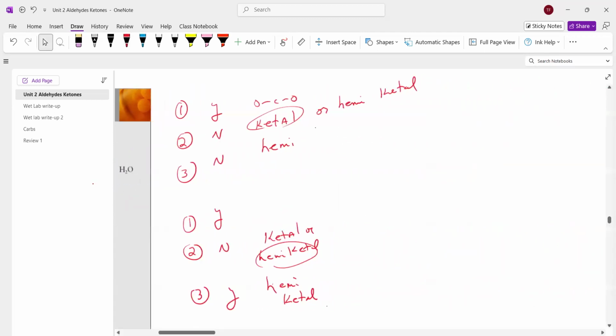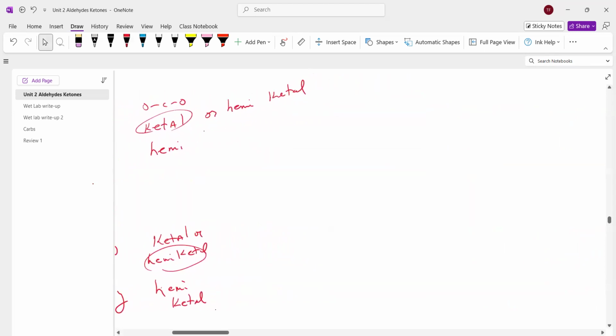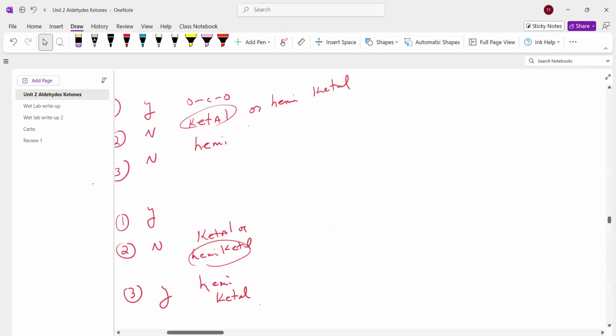All right, so I'm going to do a couple more examples here of identifying, and then we are going to end this. Okay, so let's say we have, all right, what is this?